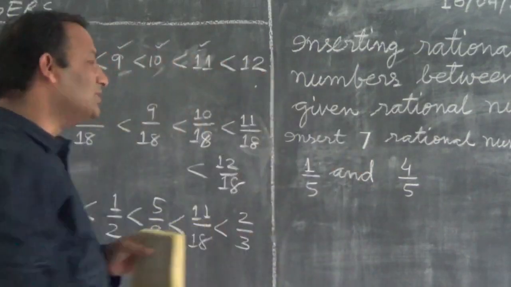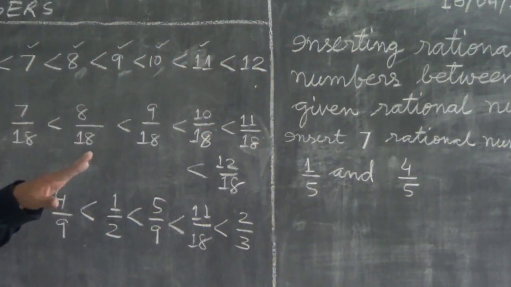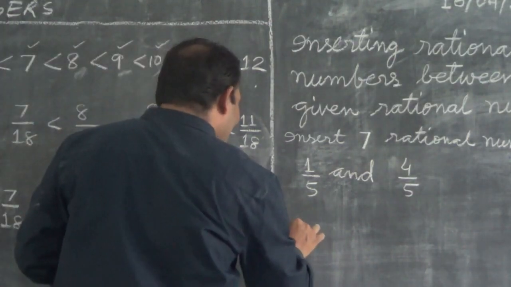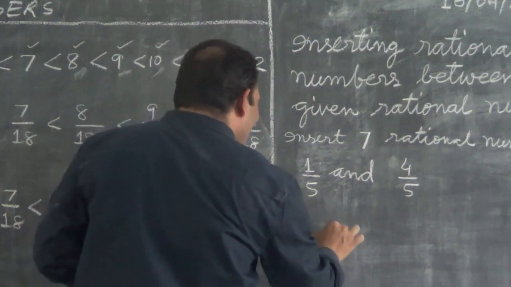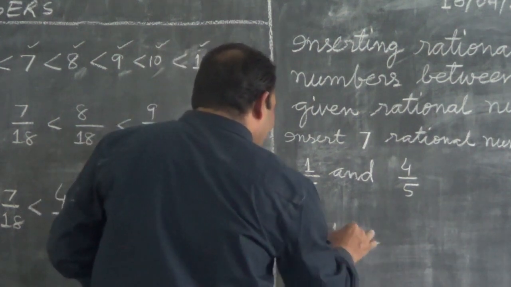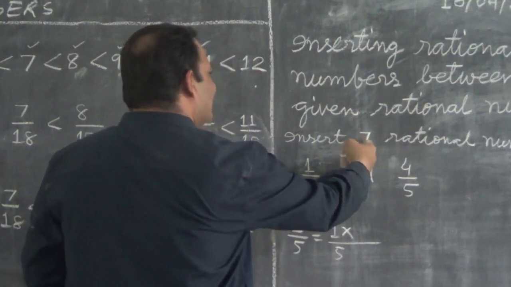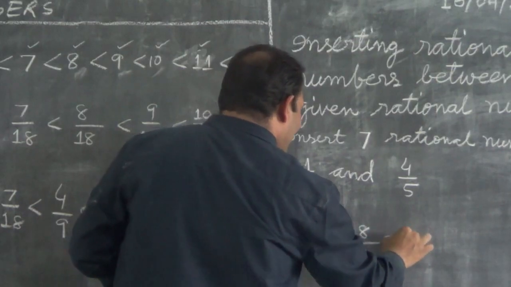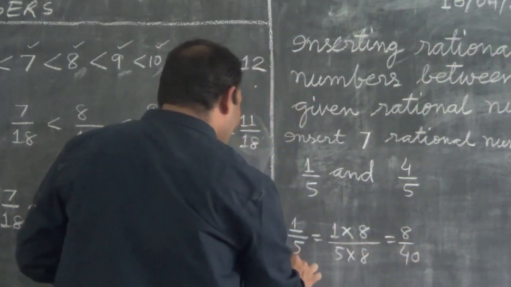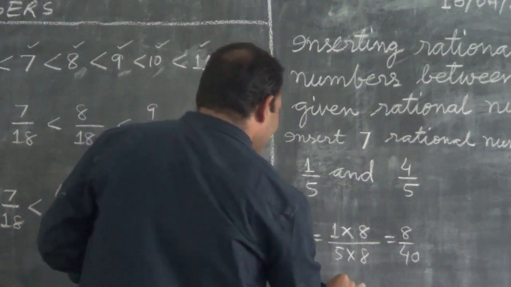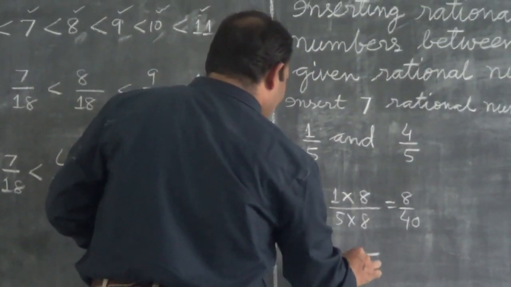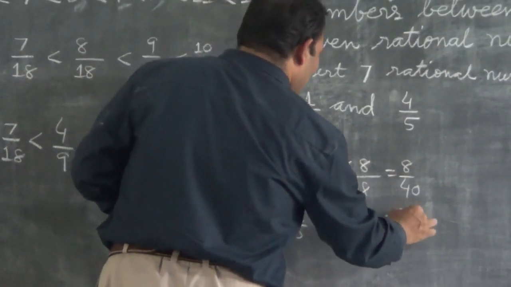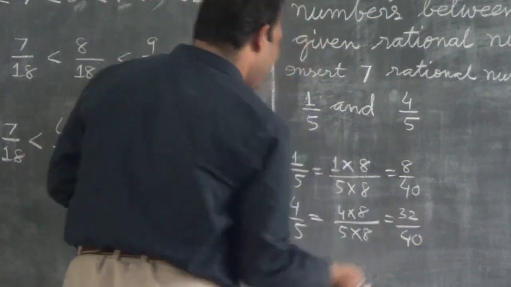That means if the question is 1 by 5 and 4 by 5, then the solution is: 1 by 5, multiplying by n plus 1, where n is 7, so 8, gives 8 by 40. And 4 by 5 equals 5 into 8, 4 into 8, 4 8s are 32, so 32 by 40.